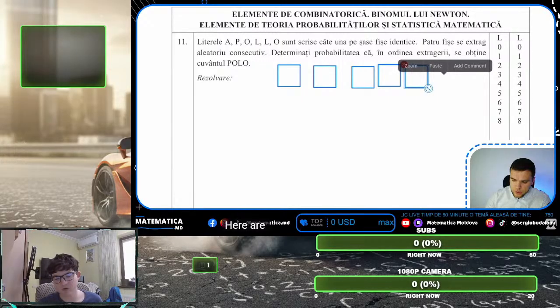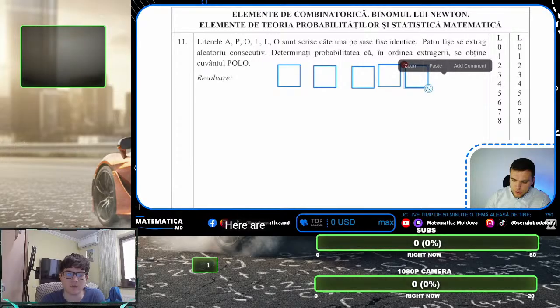So first one they extract P, then O, and so on. So you draw 6 squares, because there are 6 letters in total. And here mostly you have to take into account the letters that repeat themselves, so O and L. You gotta watch out for that.